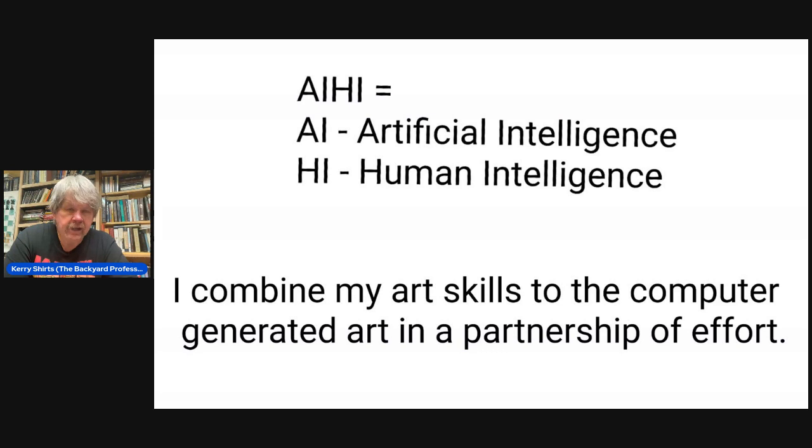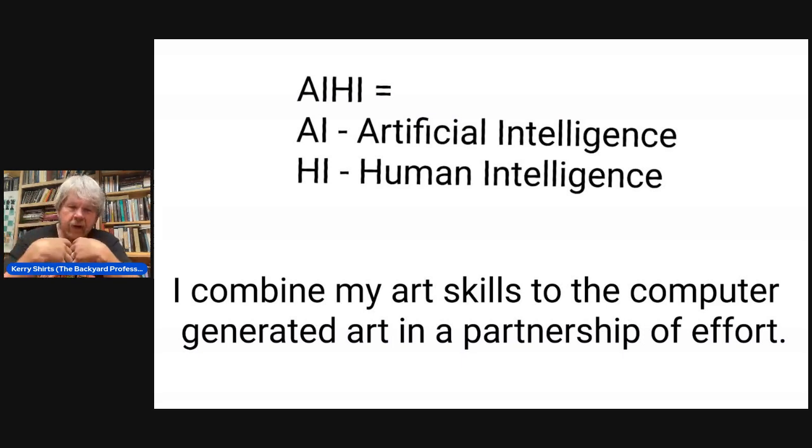The AI in the front is for artificial intelligence. The HI is for the human intelligence, that is me and my art skills, with the art piece that the computer AI program generates after I type it in and describe it.